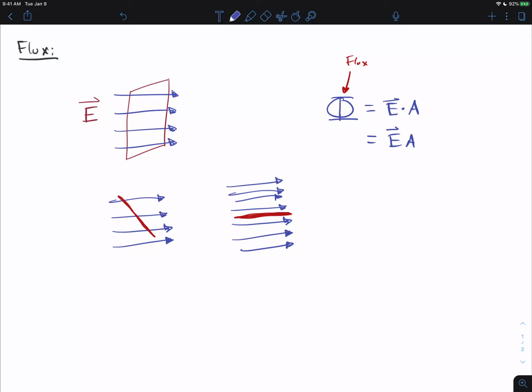And I'm going to put in my formula that will give me the value when it should be 0 when this is parallel. So we'll say 0 degrees, okay? And it should be 1 when it is perpendicular, right?